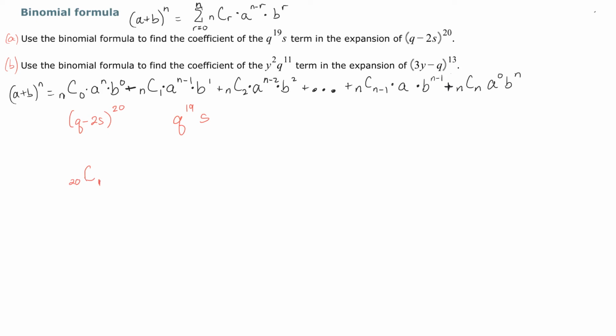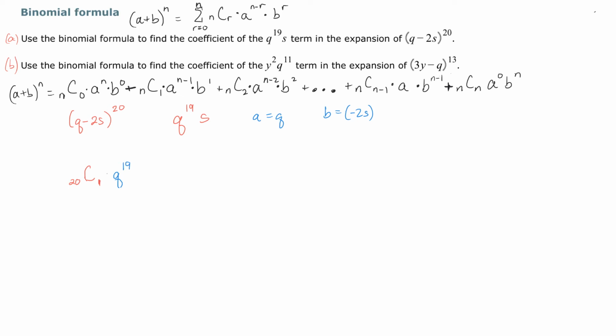And then what is our a value? Our a value is q. What's our b value? Our b value is the quantity negative 2s. So 20 choose 1, and then we have a, which is q, raised to the 19th power, which is what we want.